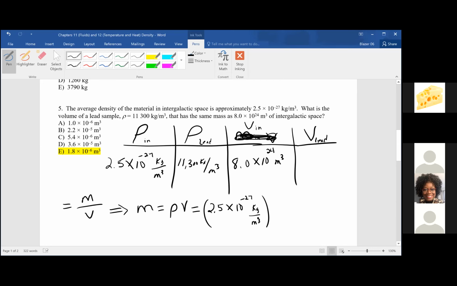And our volume is huge, okay? 8 times 10 to 24 meters cubed. So meter cubed and meter cubed will cancel, and we'll have our mass in kilograms. So we multiply that out.